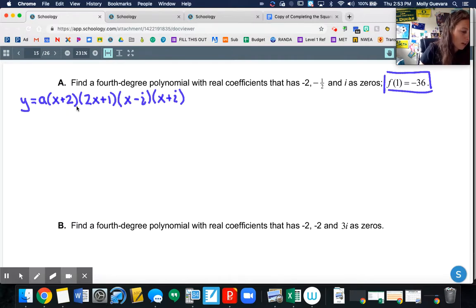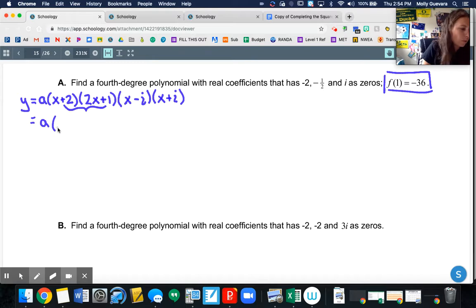And then we can figure out what this a value is later. Okay, so let's not worry about it right now. I'm just going to leave it here, and let's multiply these out.